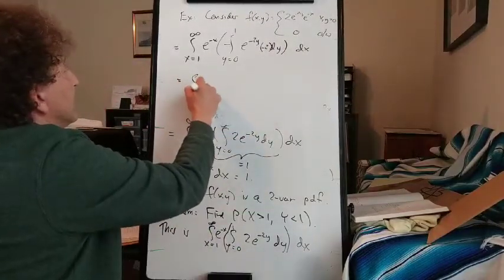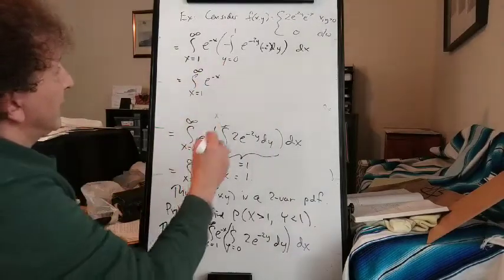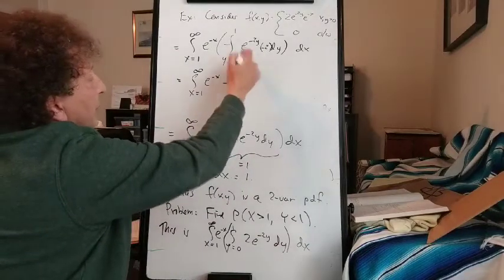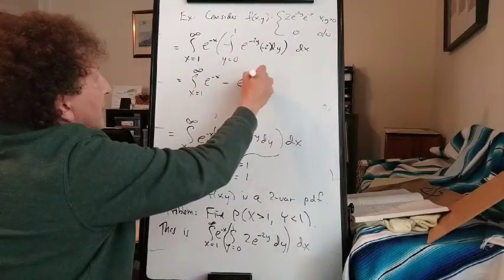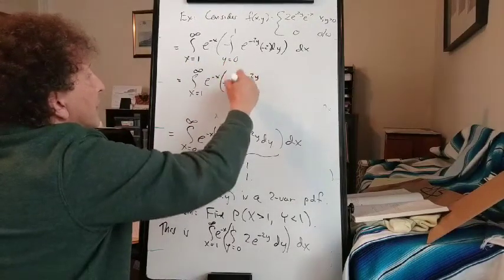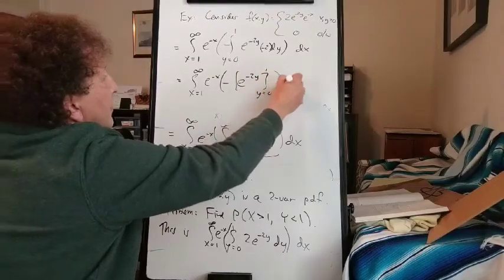So this is the integral from 1 to infinity e to the negative x. Negative, the integral of e to the something d something is just e to the something. And this is evaluated from 0 to 1.